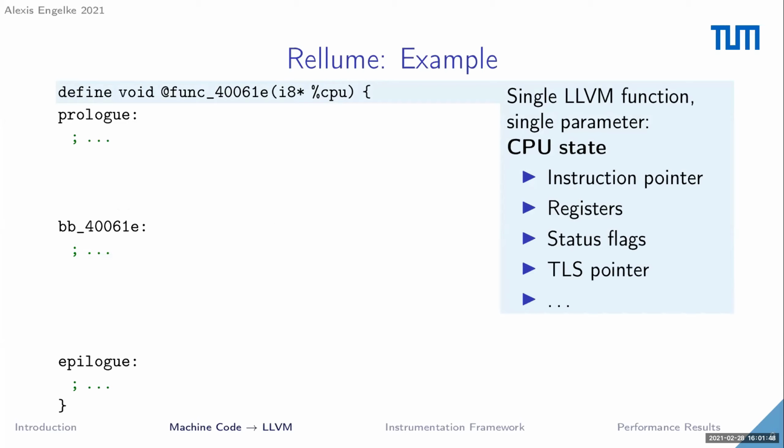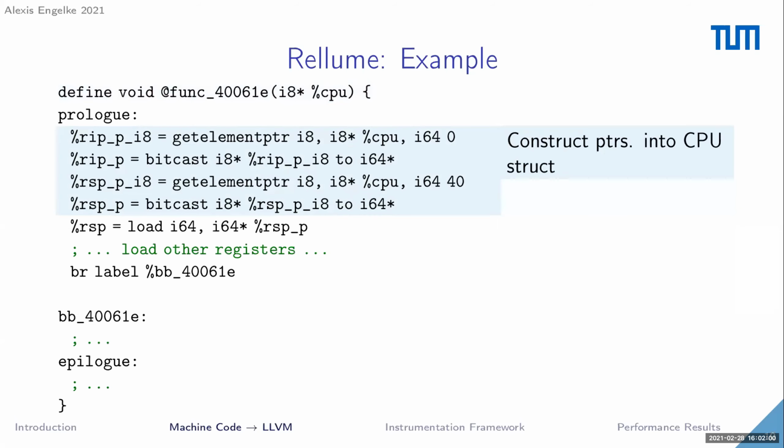And this contains everything that is essentially needed for the CPU. So it has an instruction pointer, registers, status flags, and all the things you need. In the entry basic block, first of all, we need to construct pointers into this big structure.